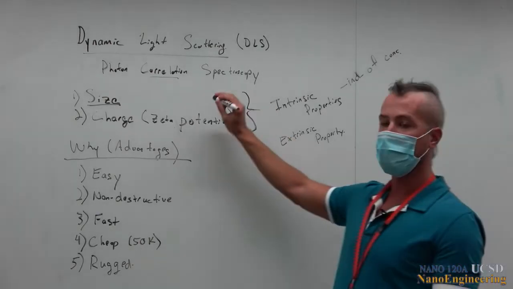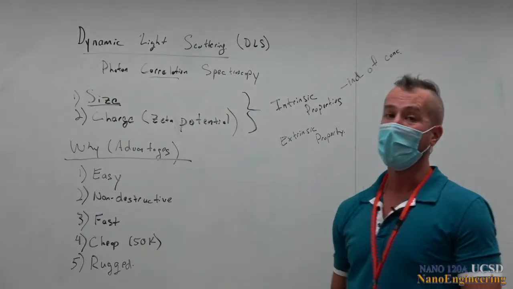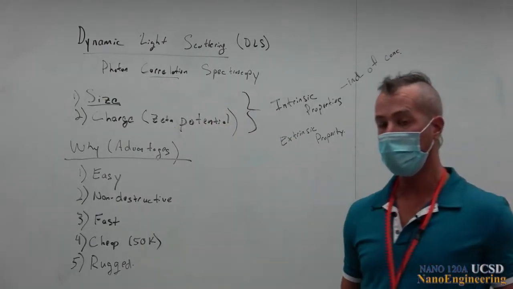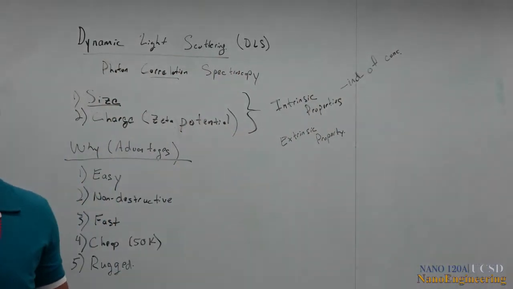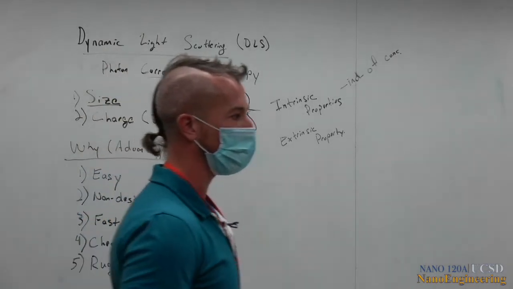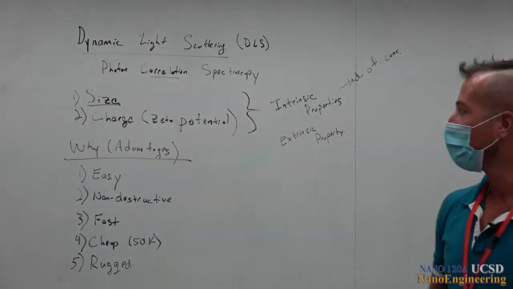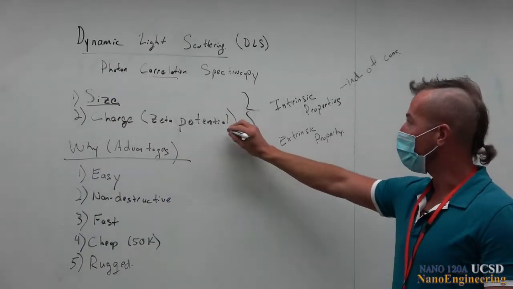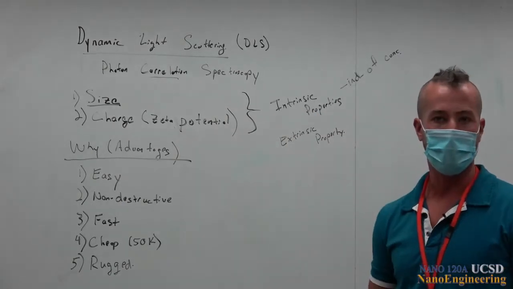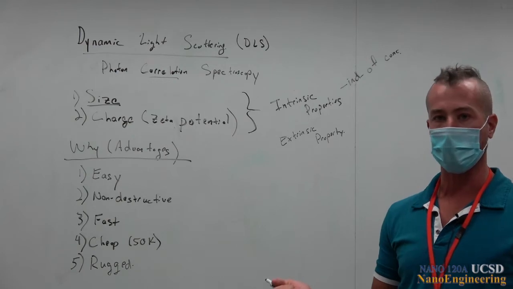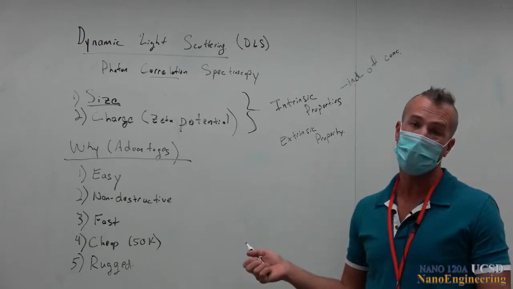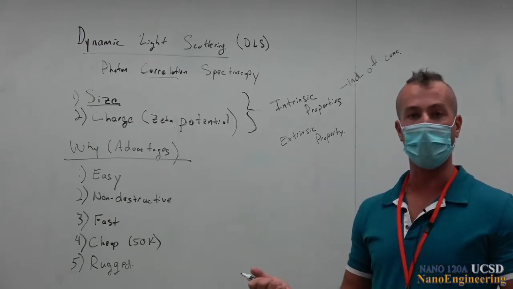So the average size of your particles is the same whether you have 100 or 100,000 particles, right? The average should be the same unless you're at really, really low particle counts, in which case this wouldn't even work. Similarly, the charge is an intrinsic property, right? So the average surface charge on your particles is going to be the same whether you have 100 or 100 million, okay?